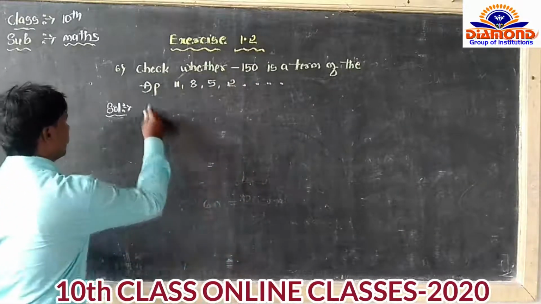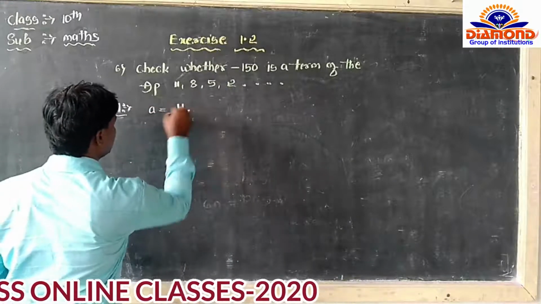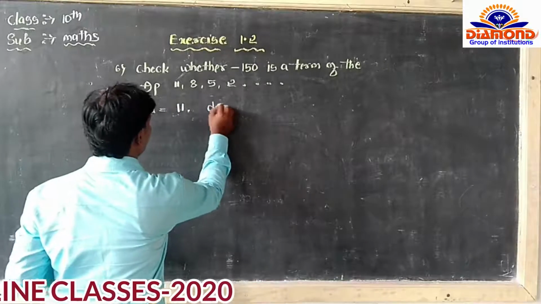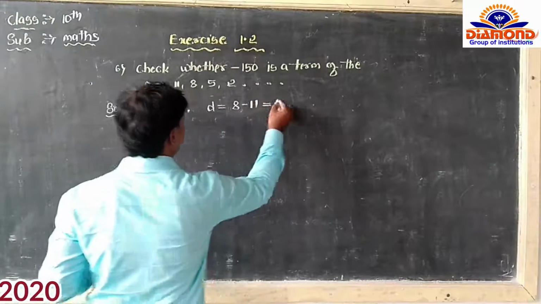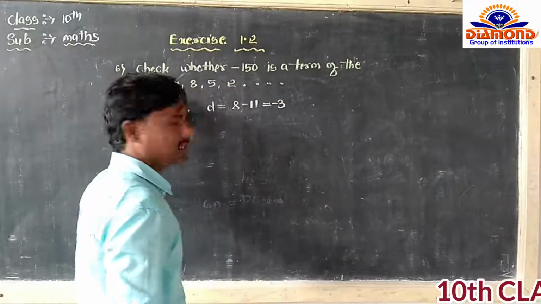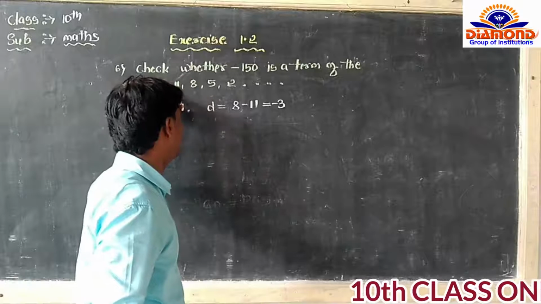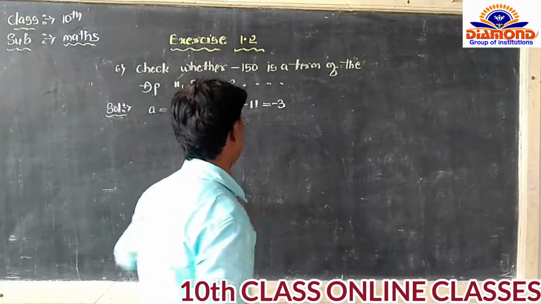So a is equal to 11 in this sequence. Common difference is equal to 8 minus 11, which we got as minus 3. That is T2 minus T1, A2 minus A1, which is 8 minus 11, equal to minus 3.